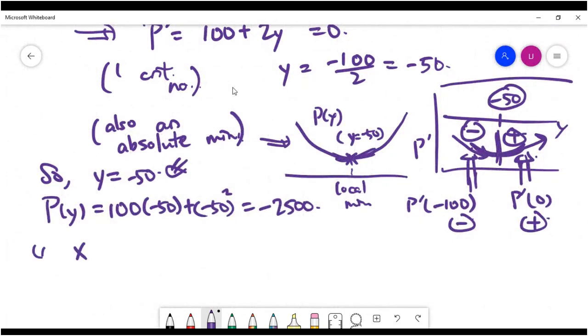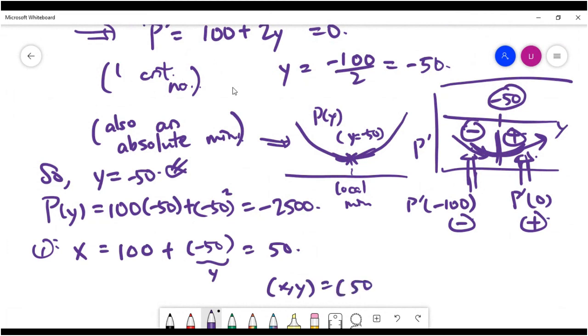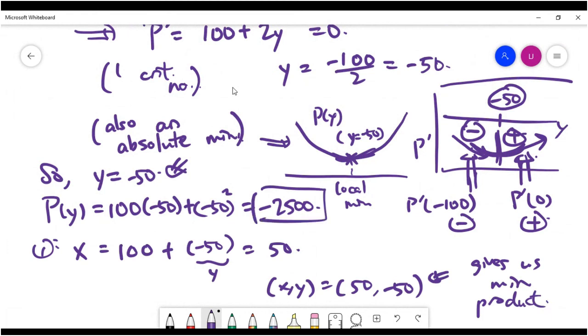Please recall that by the first equation, x is equal to 100 plus y, which is 100 plus -50 now. And it means x is actually the same as 50, right? So the pair of numbers we actually have is going to be 50 comma -50, and it is a pair that can give us the minimum product. And the minimum product we have found already, which is -2500. And that's the end of this problem.